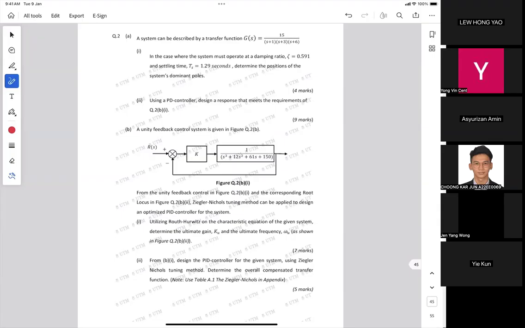Determine the positions of the system dominant poles. I think this one is similar to the one in the notes.